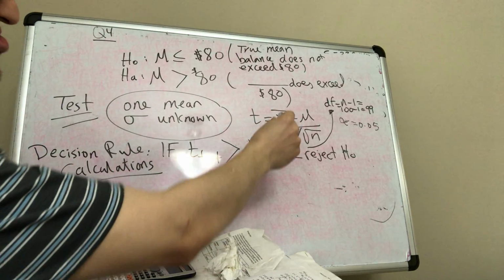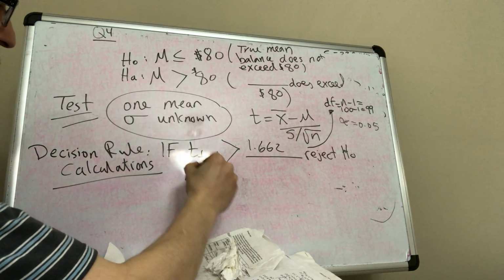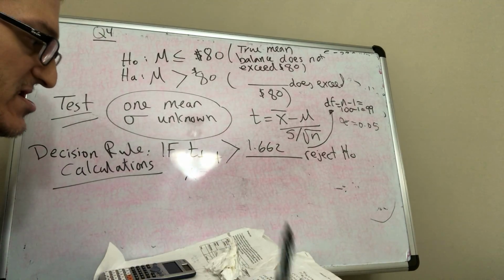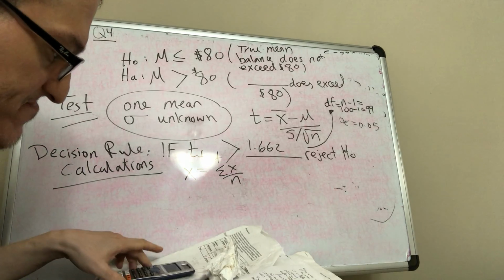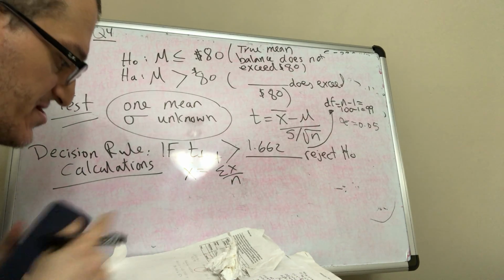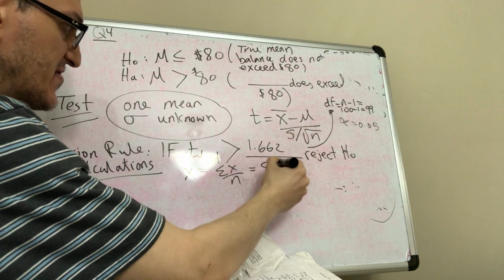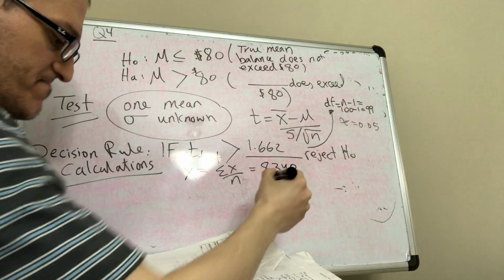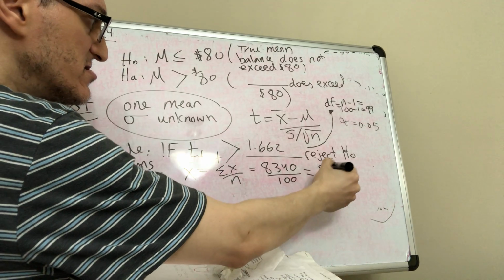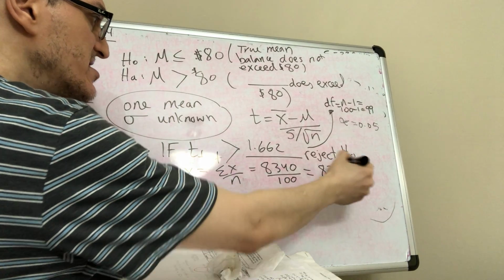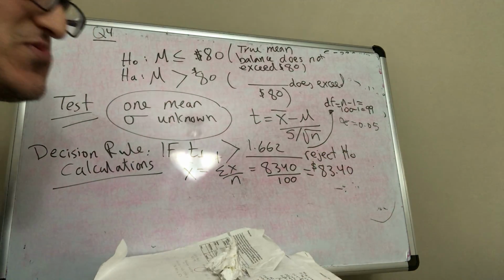Now, according to the formula, we need the average. Well, we know the average would be the sum over n. They give you the sum, it's 8,340, over a sample of 100, so that would be $83.40.